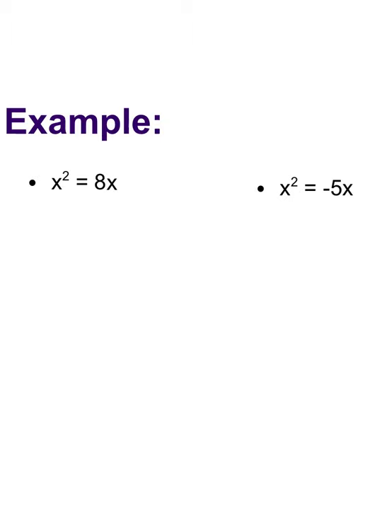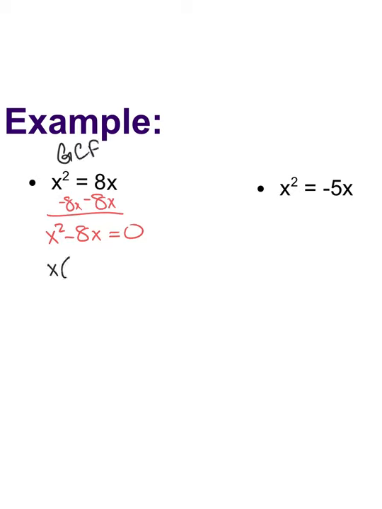If I look at this example, again, it is not equal to 0. So the first thing I'm going to do is move my 8x over. I'm going to put it after the x squared because I always want it to be the x squared, then the x, then any numbers if there are any. Now, if I go to factor this, the first thing I notice is both of these terms have an x. So this is a greatest common factor.